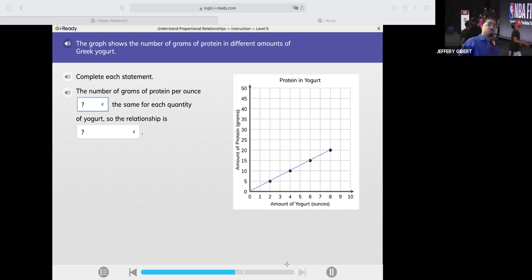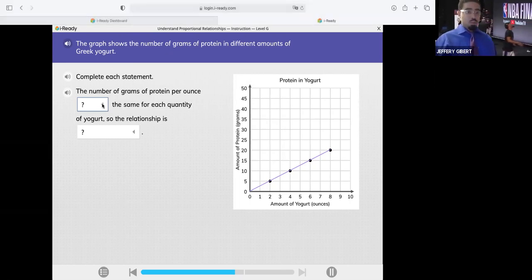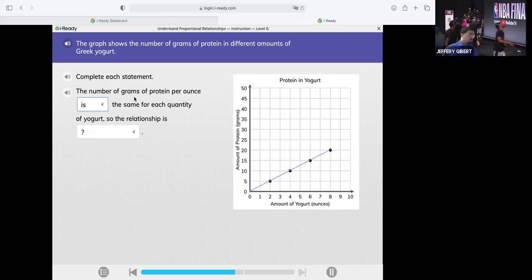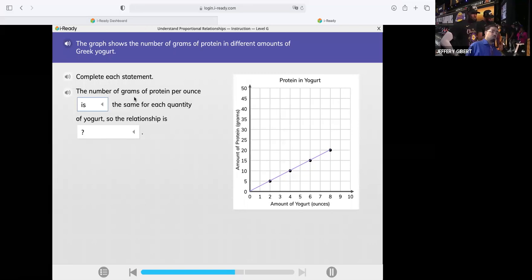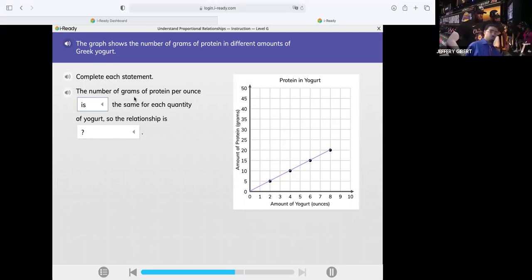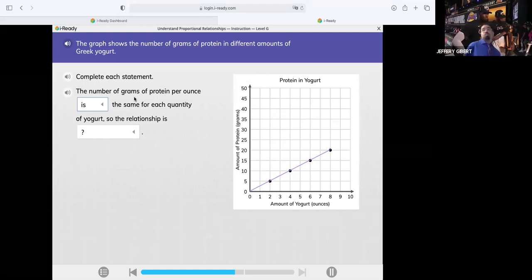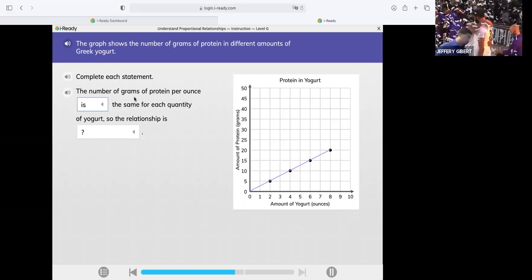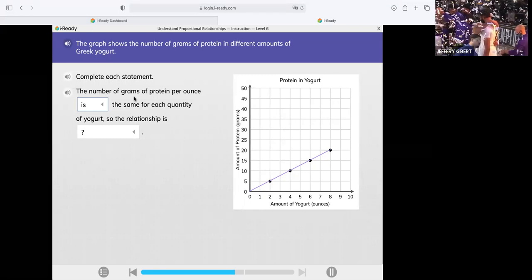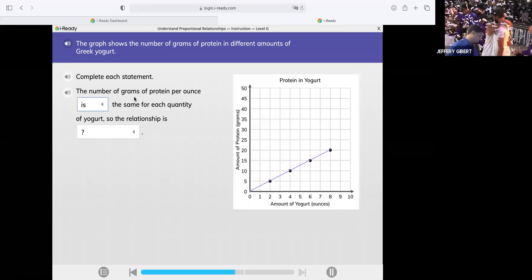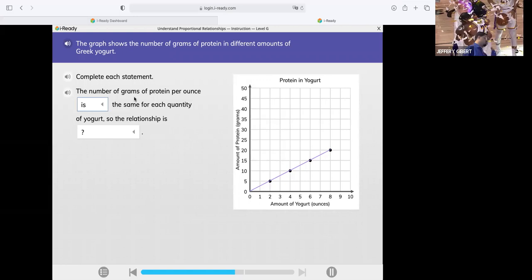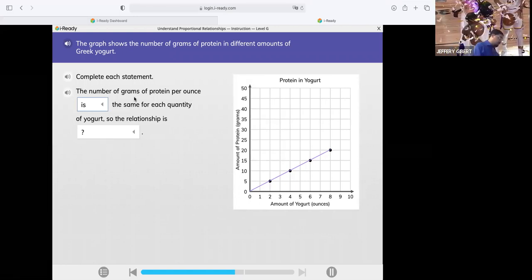All right, how do you know it's the same? All right, so it is the same.